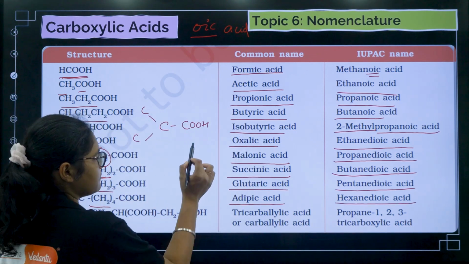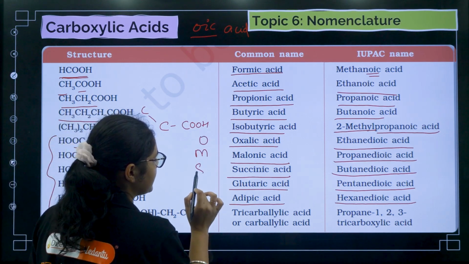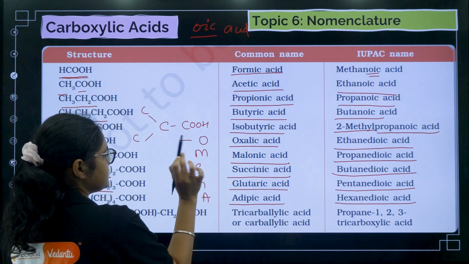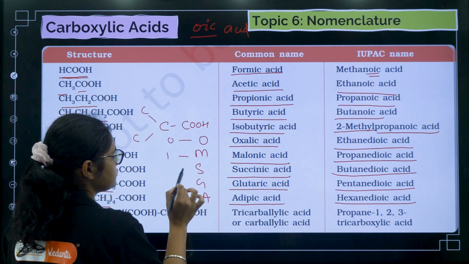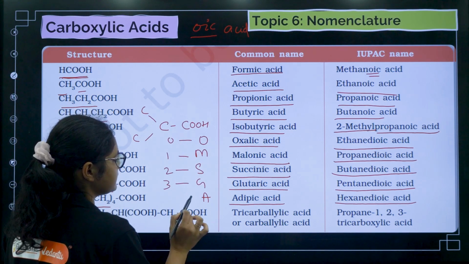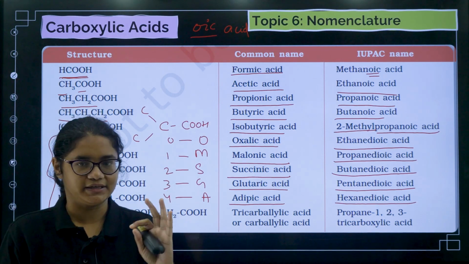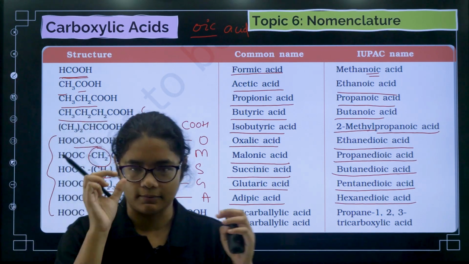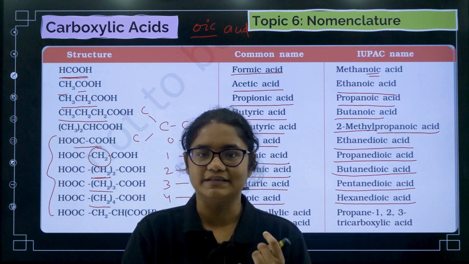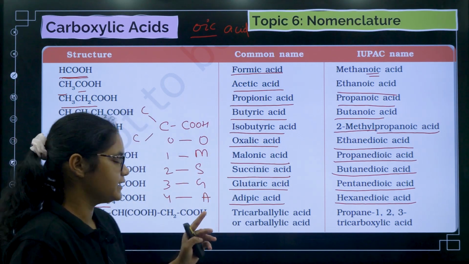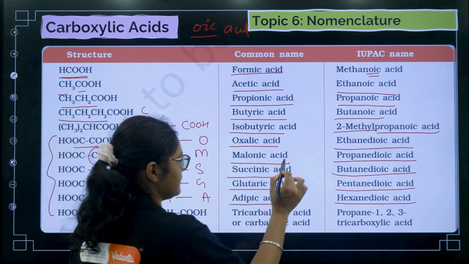So you have to remember this: OMSGA. Here there is no CH2 group, here 1 CH2 group, here 2, here 3, and here 4 CH2 groups. Please remember this mnemonic, OMSGA: oxalic acid, malonic acid, succinic acid, glutaric acid and adipic acid. This is very important.